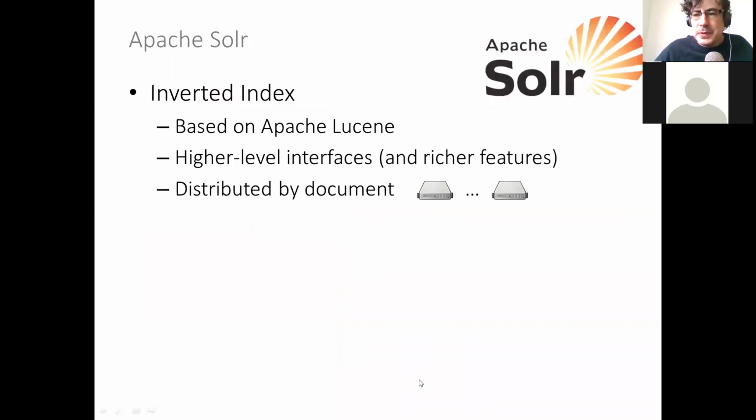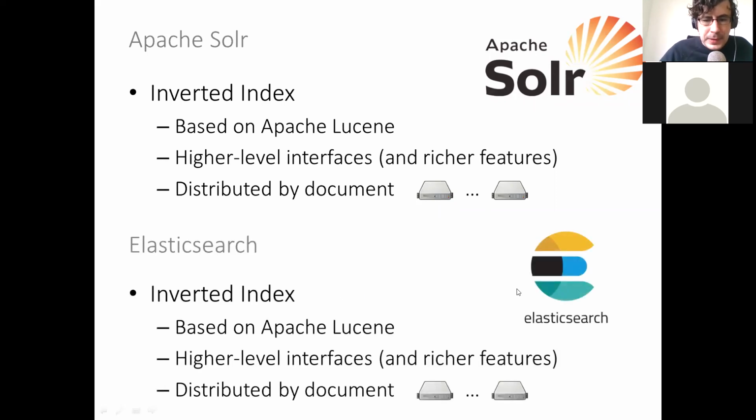Lucene is a lower level inverted index, and it allows you in Java to index documents and search documents. It really provides all the motor, all the implementation in terms of data structures, queries, and so forth that you need for an inverted index. But there are two higher level tools that use Lucene as an engine and provide higher level interfaces. The first is Apache Solr, and the second is Elasticsearch.